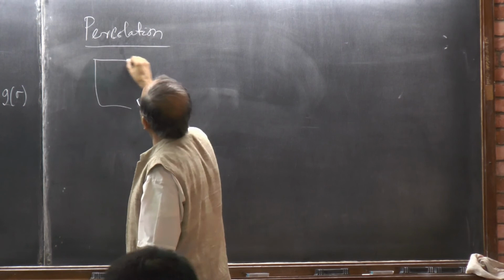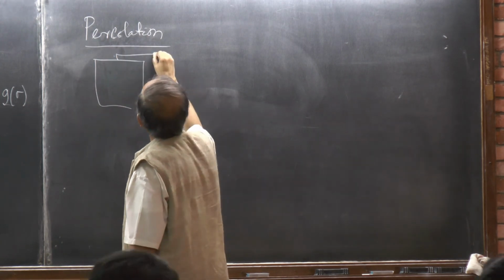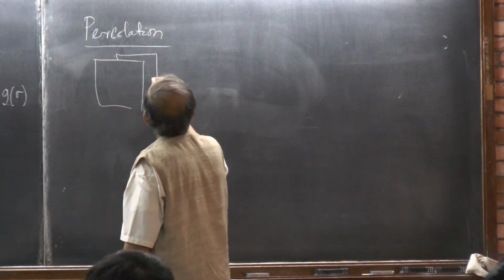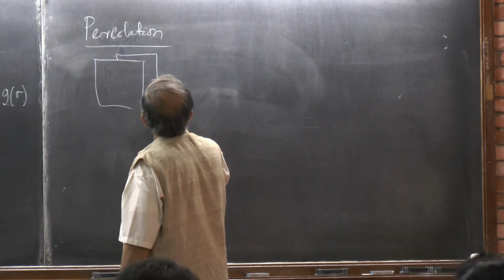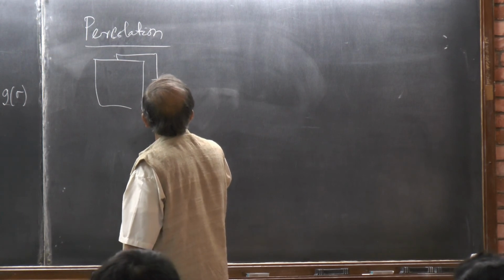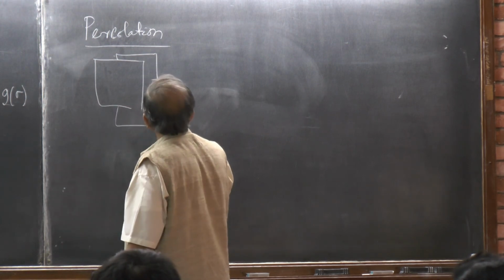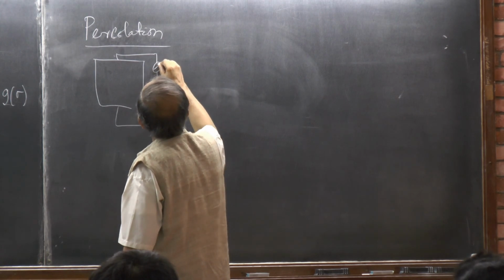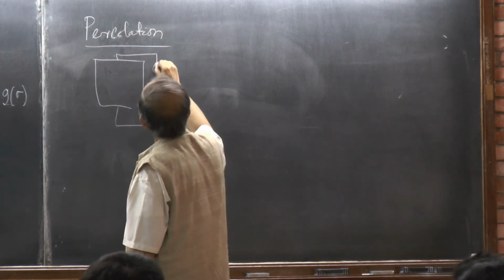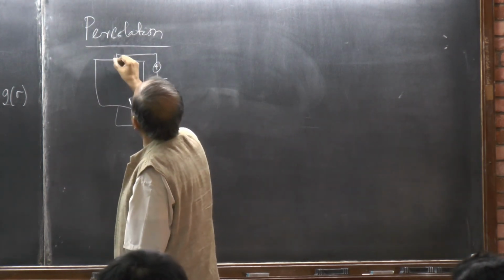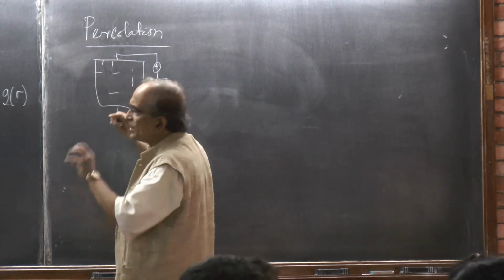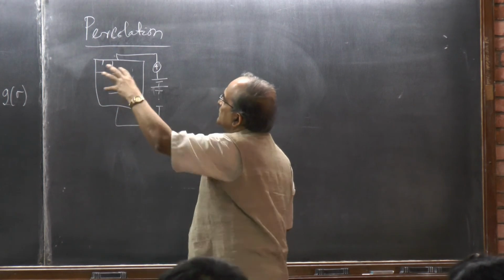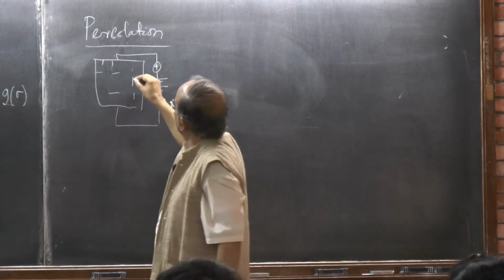If you have a sample, say, you have put under some voltage, and maybe you have put some ammeter here. Suppose you are putting some random conducting bonds here and there, or some conducting dies I am throwing.